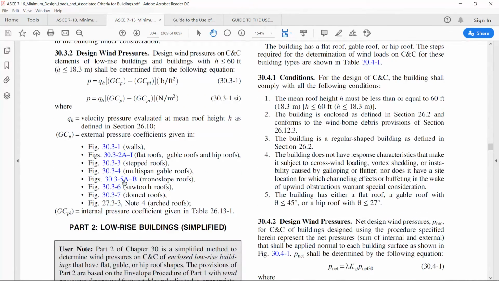And here is the procedure given, that the wind pressure should be calculated as per the formula P equals qh into GCp minus GCpi, and the values of GCp should be calculated as per figure 30.3-1 for the wall, and for roof etc. it is calculated over here.